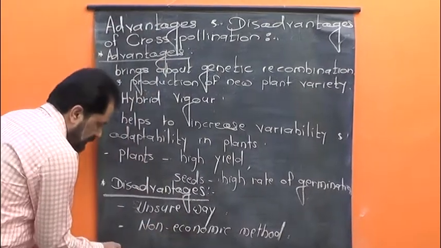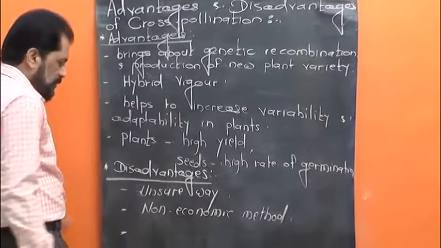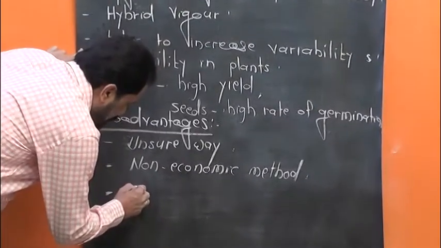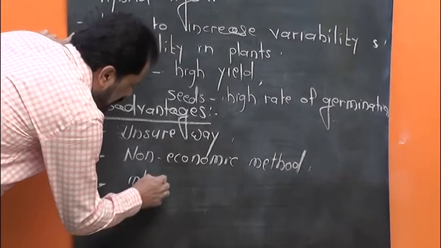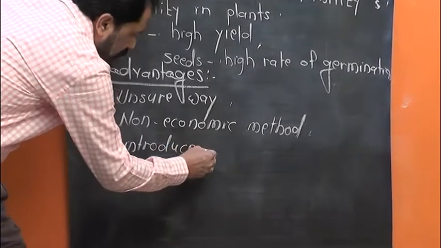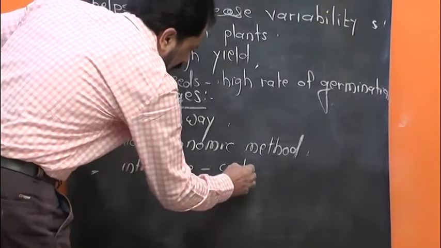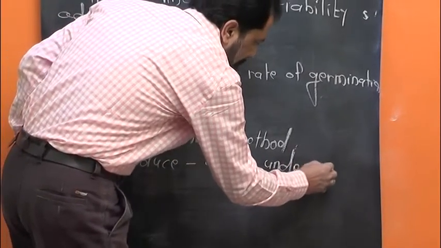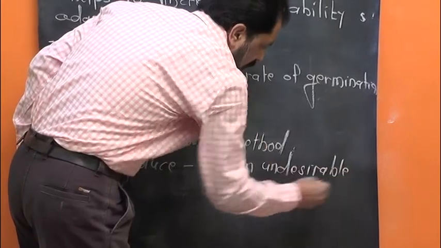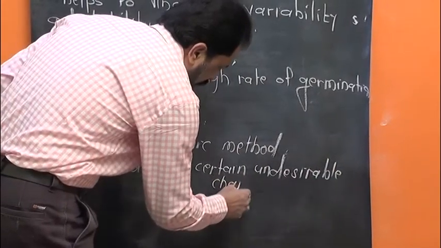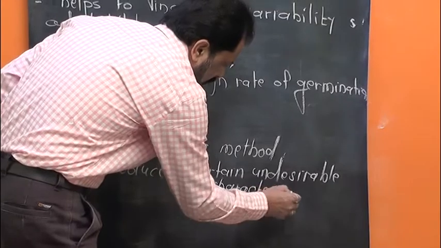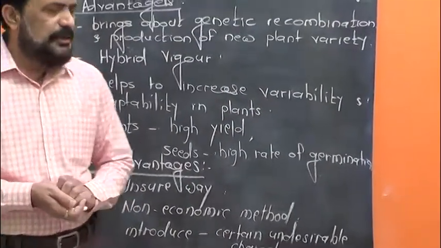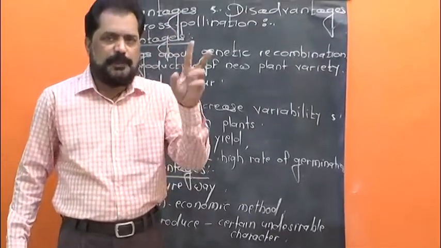Next, cross pollination may introduce certain undesirable characters into the offspring, because we know cross pollination involves two different plants.